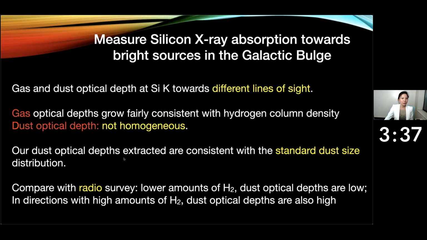Our dust optical depths are also consistent with standard dust size distribution. When we compare our results with the radio survey, we found that at lower amounts of molecular hydrogen, the dust optical depths are also lower, but in the direction of higher amounts of molecular hydrogen, the dust optical depths are also high. The gas optical depths are linearly correlated with molecular hydrogen.